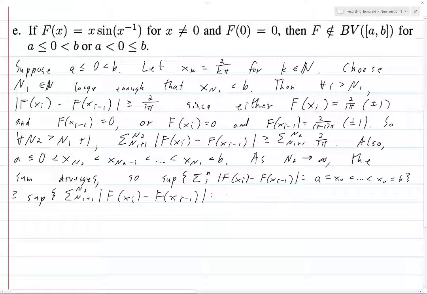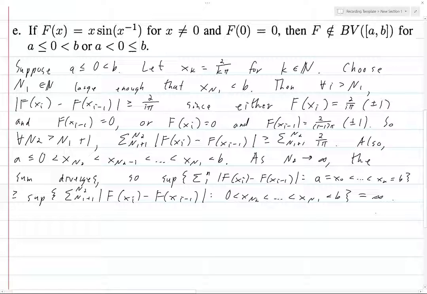We've got 0 is less than x_{n2} less than all the way up through x_{n1} is less than b. But the supremum, as we just found out, goes to infinity as n2 goes to infinity, so this is just infinity. And so this original supremum is infinite.